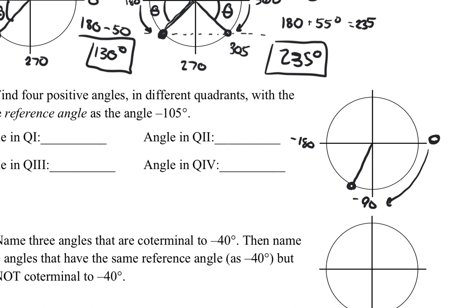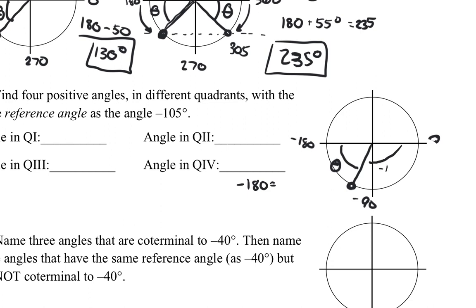So if we know that that is right there, we can calculate our reference angle, which is going to be this angle, theta. All right, so we know that to get to negative 180, we have to add this angle and this angle.